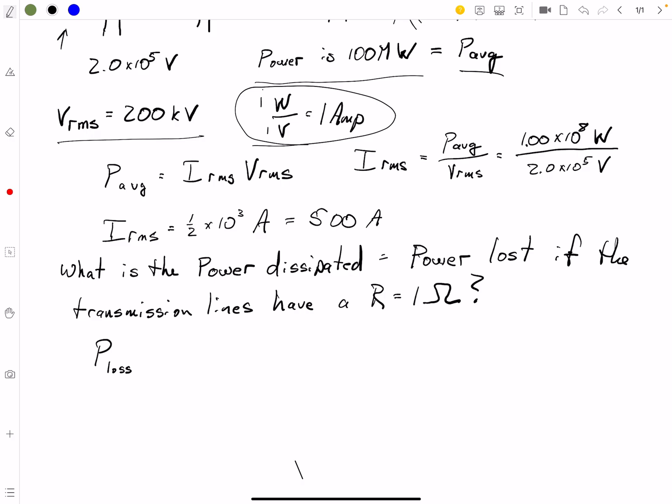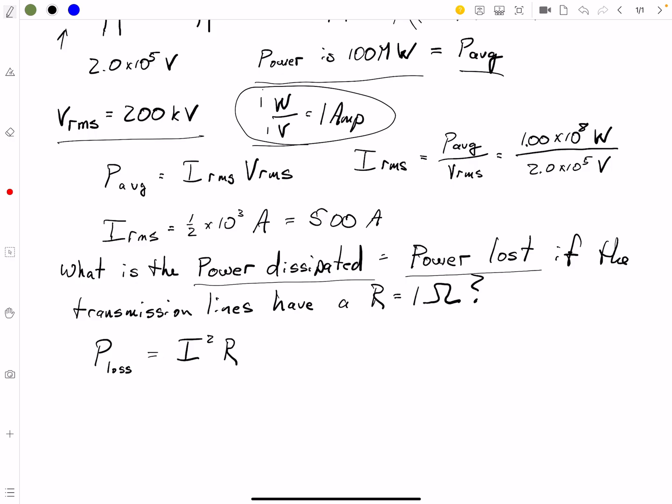So here's a couple of things that you want to keep in mind. If you're ever asked for power lost or power dissipated, it's your P loss. You always want to figure out what your current is, and you're going to square that and multiply it by your resistance.